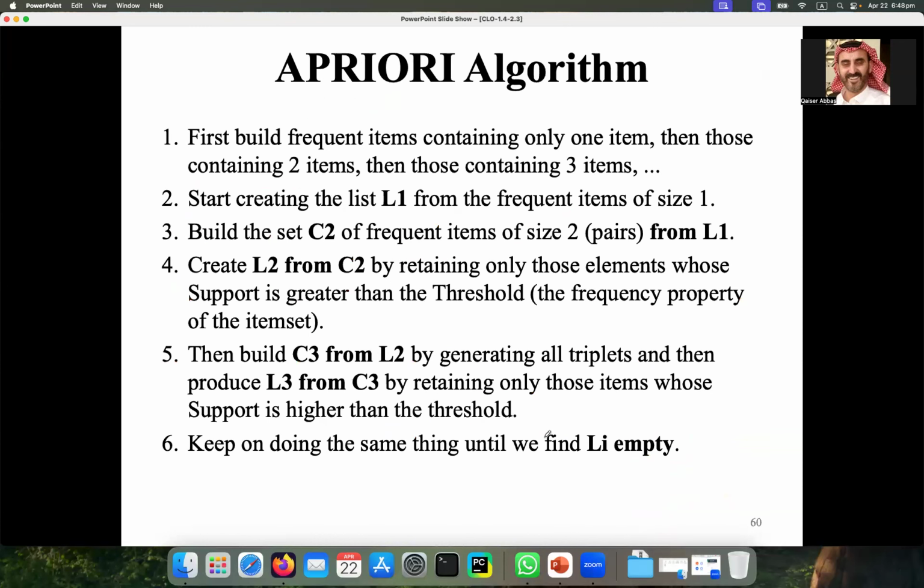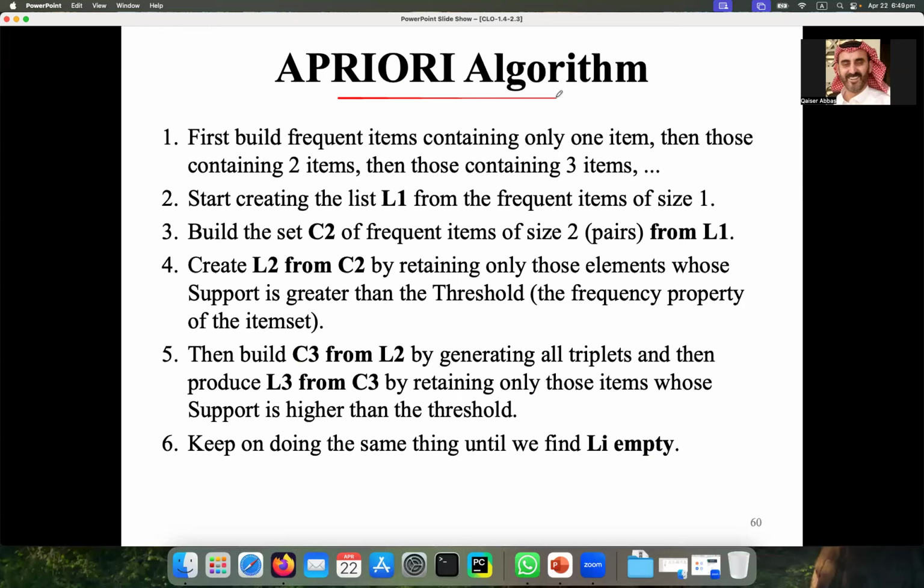Okay. Now, what is the Apriori algorithm? It is now in front of your eyes. The steps are there. It is too theoretical, but don't worry. It is very simple, but lengthy, because it is repetitive. You have to repeat it many times.